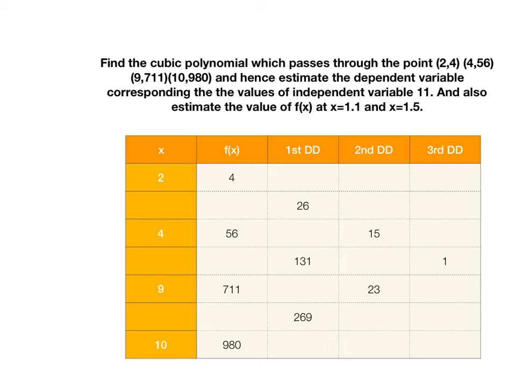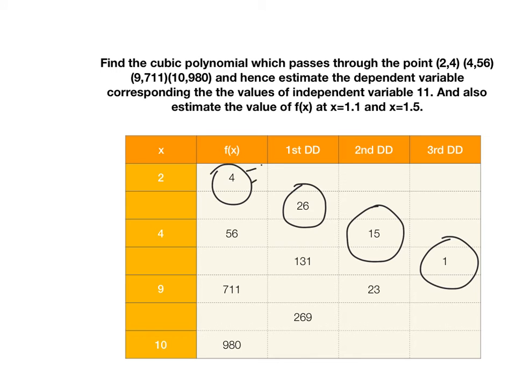For the second divided difference, we are skipping one entry in the middle, so 9 minus 2, 10 minus 4. For the third divided difference in the denominator, skipping 2 entries in the middle, 10 minus 2. These are the values we are substituting in the formula.